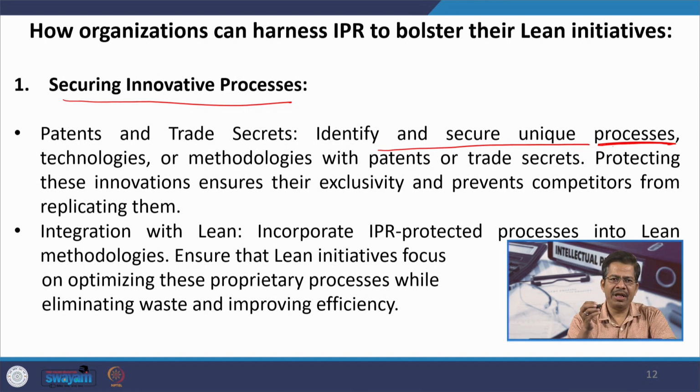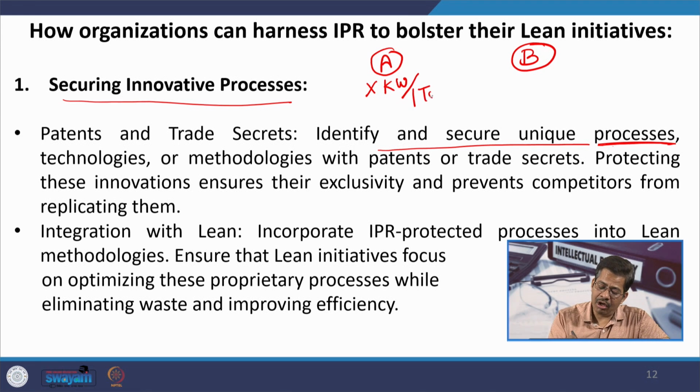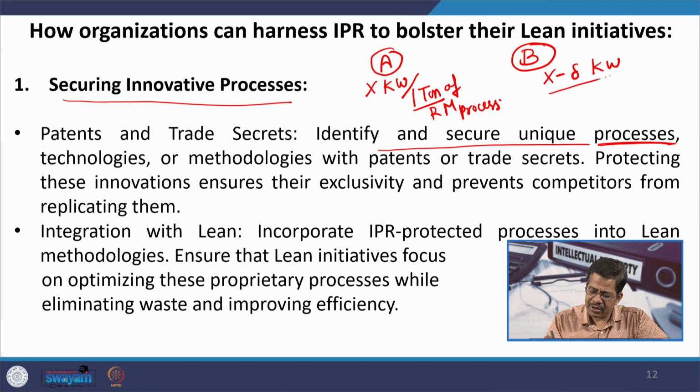For example, if I am company A and I am company B. Now, company A is consuming, let us say, x kilowatt units for 1 ton of processing of raw material. And company B is using, let us say, x minus delta kilowatt energy for the same 1 ton of RM processing.